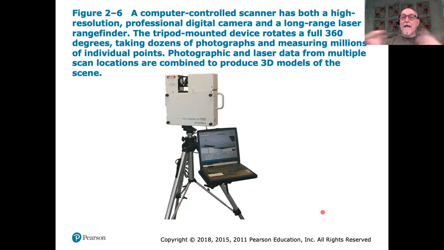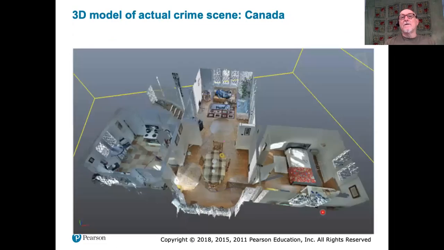And it rotates and it snaps off hundreds of photographs, one after the other, and then they are coupled together into a very, very accurate three-dimensional model of an entire crime scene. You can see it here with all of the different rooms, the entrances, the exits, everything else. This is a real crime scene. There is actually a body here on this couch back here.